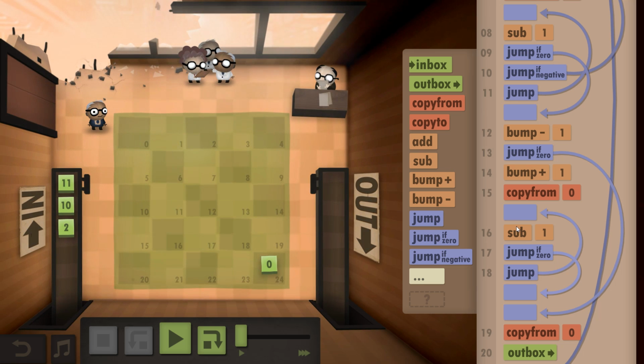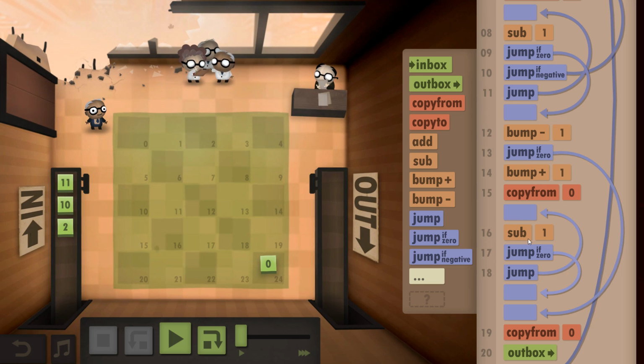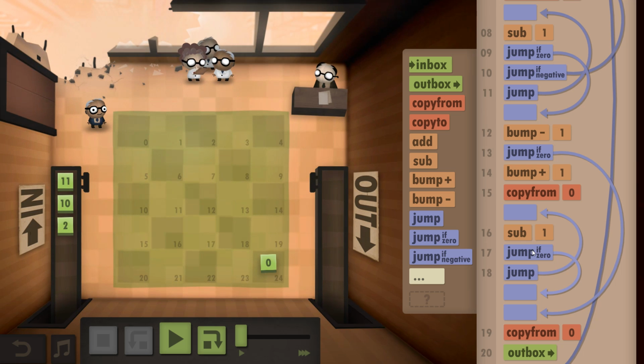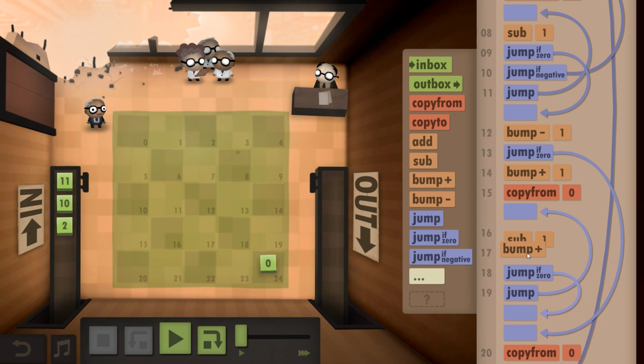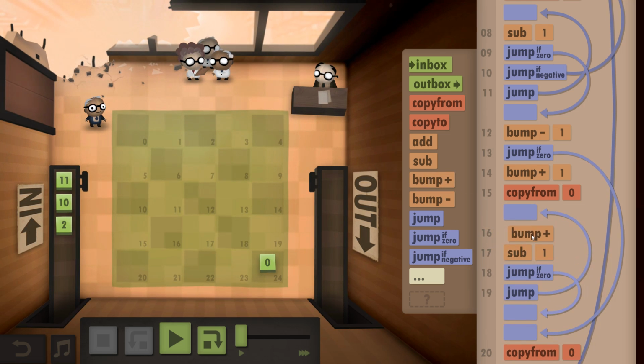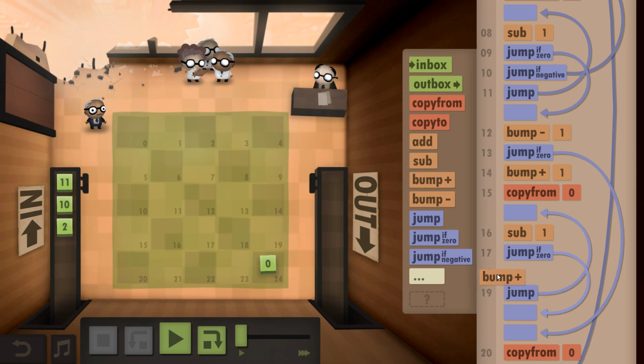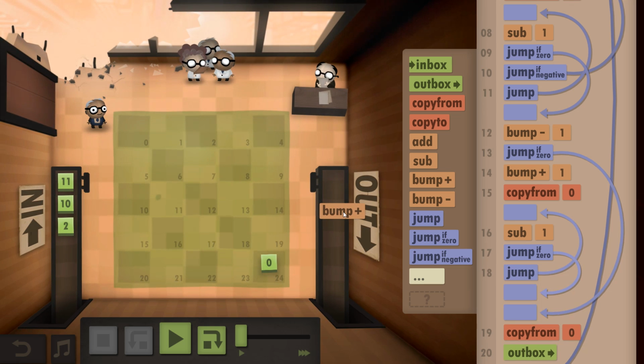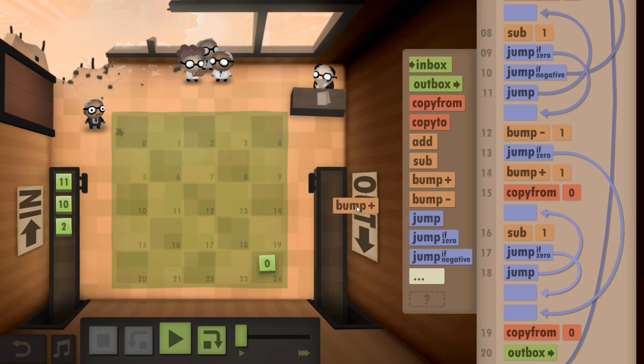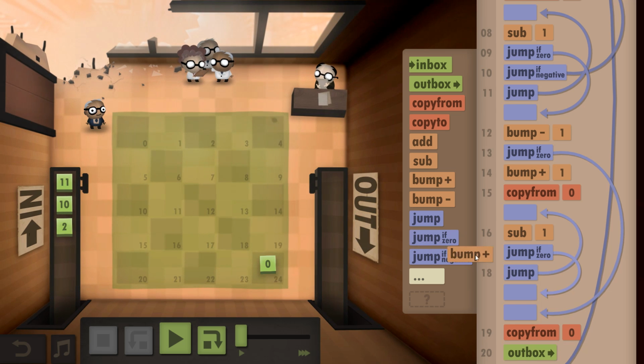Sub 1. Do this until I hit 0. This is so stupid. The bump is gonna mess things up again. I hate bumping things, so there's no other way to count.